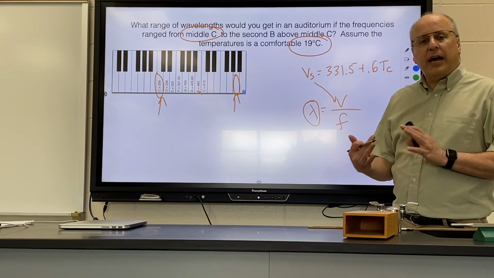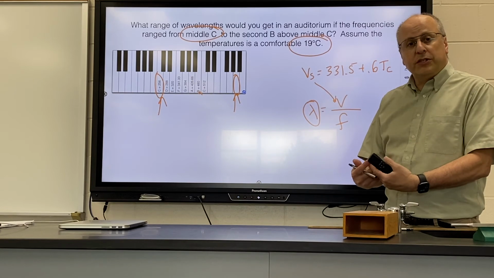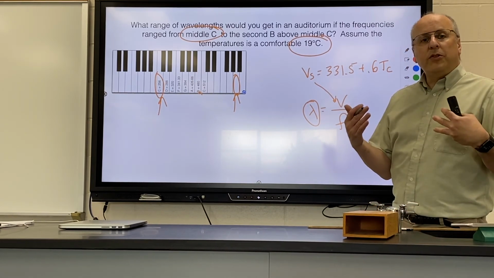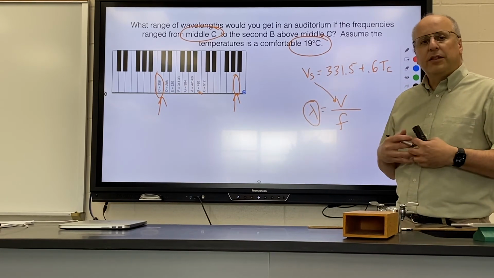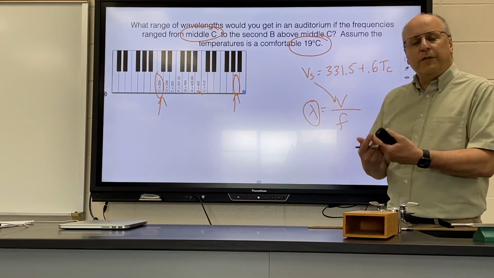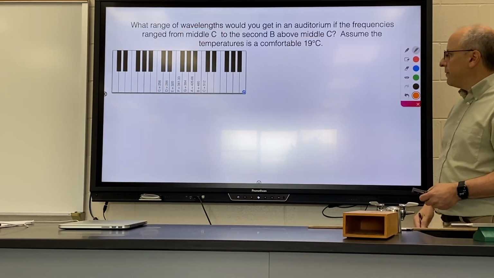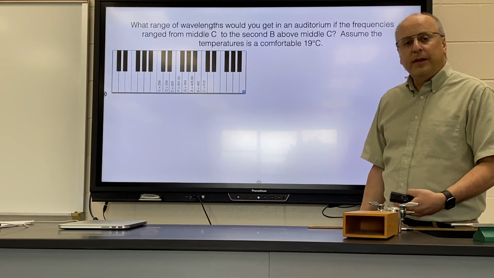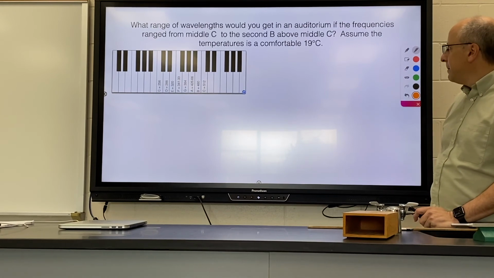Well, if we were designing a building for those sounds, maybe an opera hall or a music hall, we want to know the size of the waves so we could design the material for the walls that are either going to absorb wavelengths we don't want or reflect the wavelengths that we do want. So the acoustics of the hall is going to be based on the wavelengths that you want to amplify, the ones you want to accentuate, let's say.